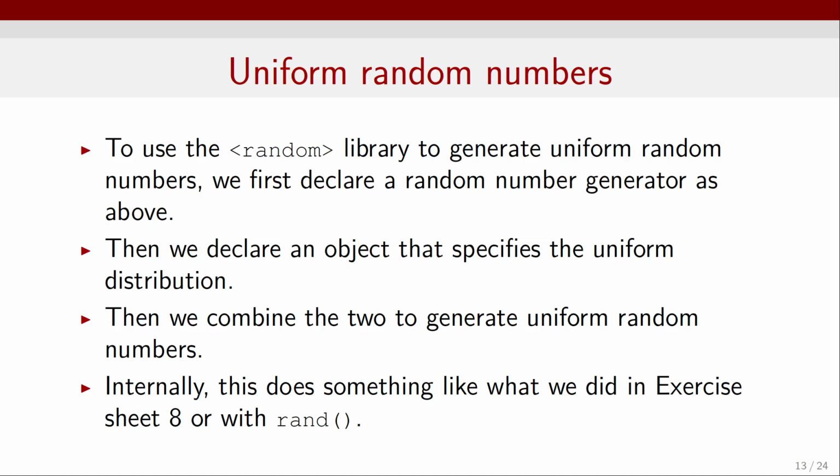Then we declare an object that specifies the uniform distribution. Then we combine the two to generate uniform random numbers. Internally, this does something like what we did in exercise sheet 8 or with the rand command.